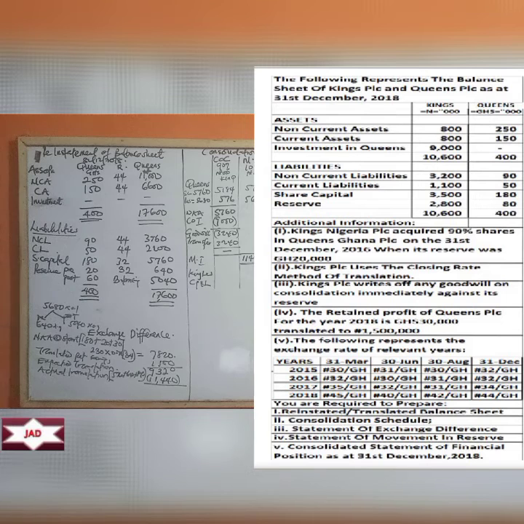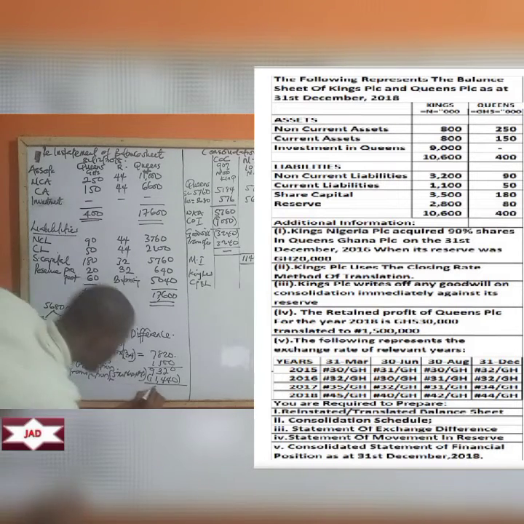What's the difference? 9,320 minus 11,440 is 2,120. That's negative. It's a gain.